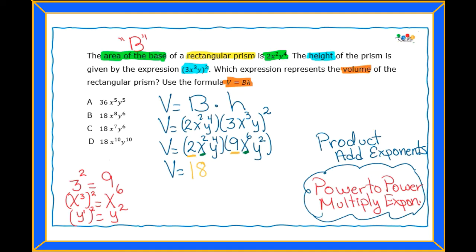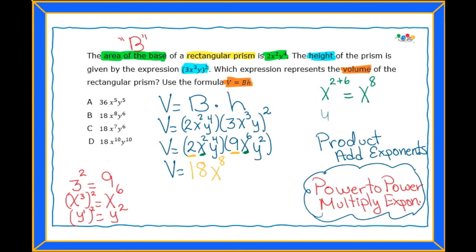So I'm going to write it down over here. This will be x to the second power plus 6, because remember, you need to add up the exponents. So I get x to the 8th power. Very good. What about the y?